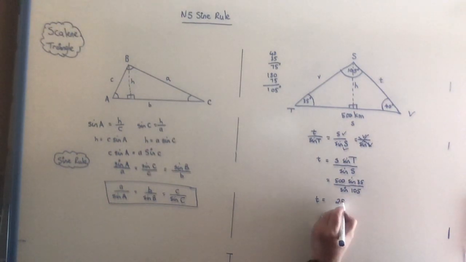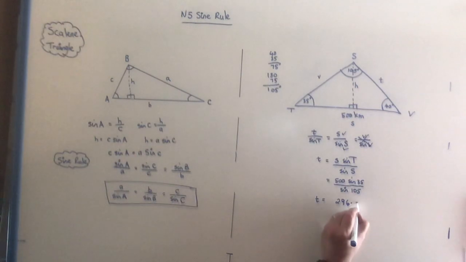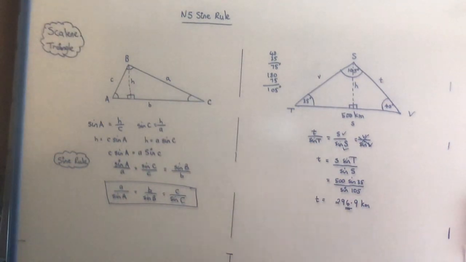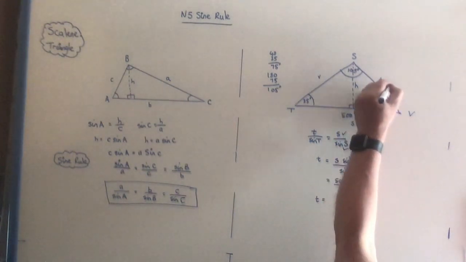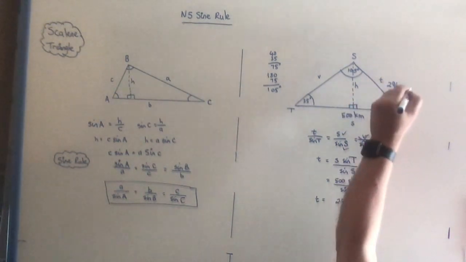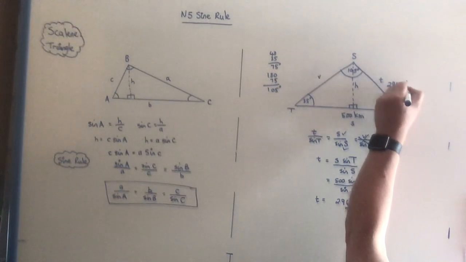No, I'll just leave it. 296.9. And that's kilometres. We put it to one decimal place because we want to be reasonably accurate with this. So we now know, I'm going to put this in here, T is 296.9 kilometres.